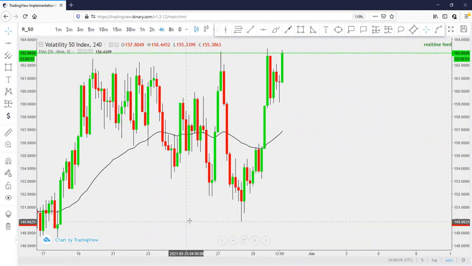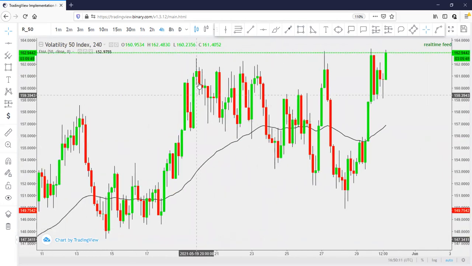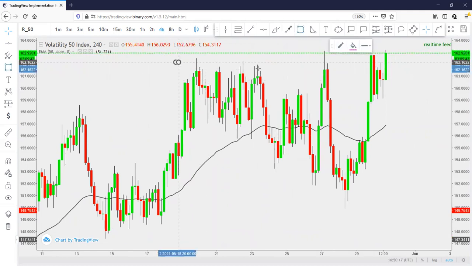So this is another example here. We have these multiple weak rejections here, meaning we have a zone here.